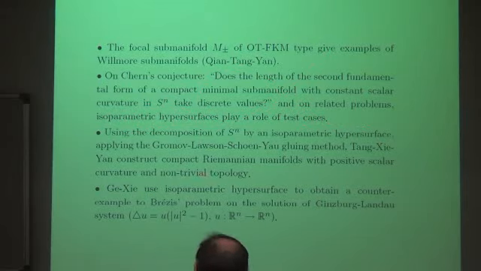And also, recently, Zizhou Tang and Xie and Yang, who is a student of Zizhou Tang, gave another result. Using the decomposition of the sphere that I told you, this part B plus and this part B minus, and applying the Gromov-Lawson-Schoen-Yau gluing method, they constructed compact Riemannian manifolds with positive scalar curvature and non-trivial topology.